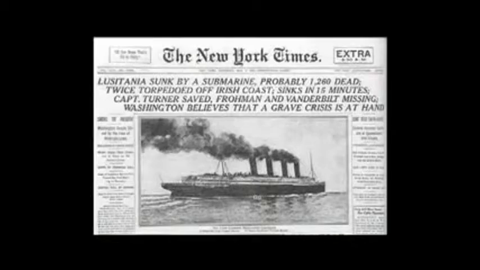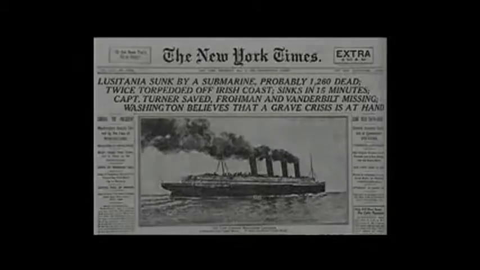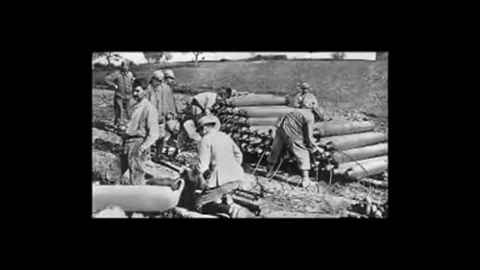To further understand the deliberate nature of this setup, the German embassy actually put advertisements in the New York Times telling people that if they boarded the Lusitania, they did so at their own risk, as such a ship sailing from America to England through the war zone would be liable to destruction. In turn, and as anticipated, the sinking of the Lusitania caused a wave of anger among the American population, and America entered the war a short time after.